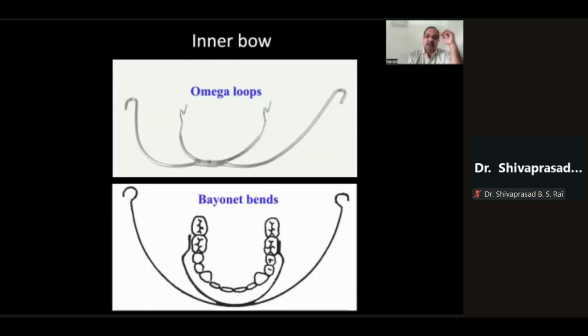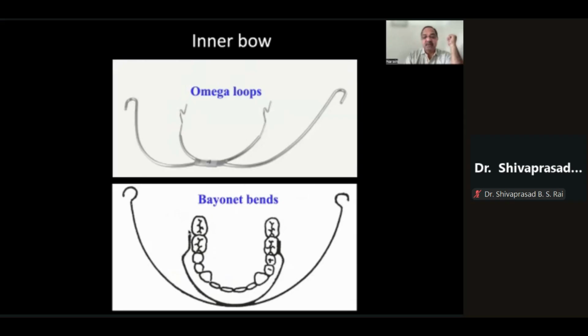Now, on the inner bow, you always need to give a stopper so that the inner bow does not slip through the tube and injure the soft tissues. These stops could be an omega loop, or you could even have a crimpable stopper, or you can have bayonet bends.